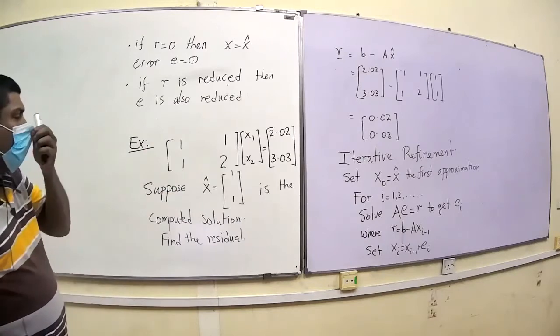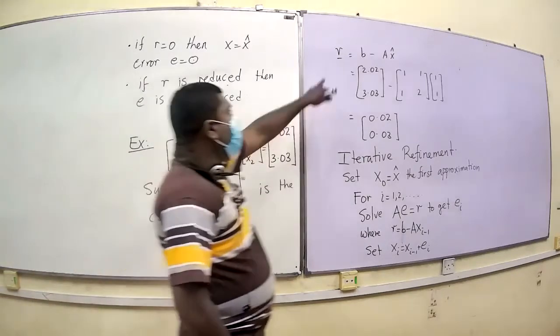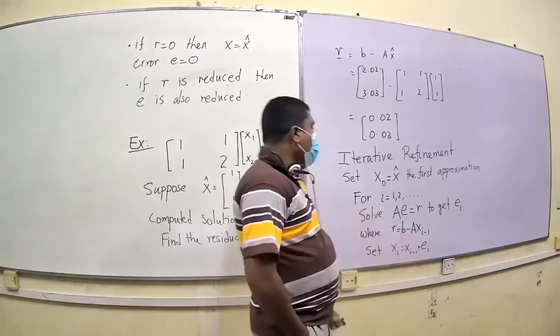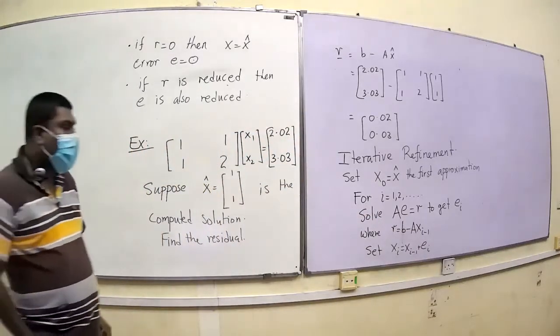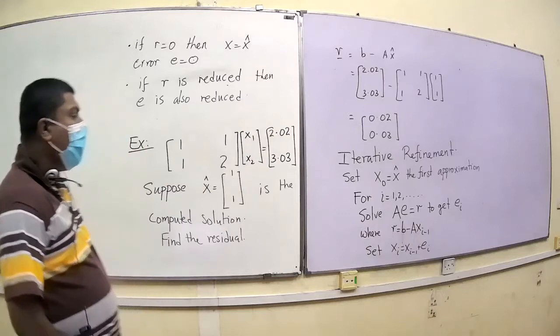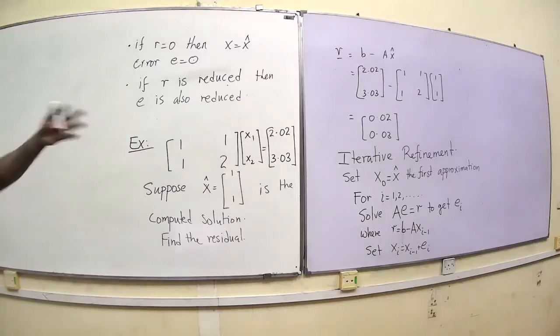Then you find r. For every approximation you can find an r, so r is b minus A x i, that means A x naught in this case.